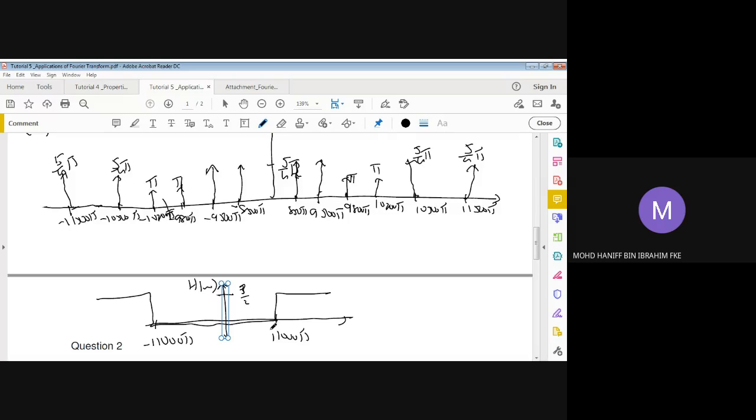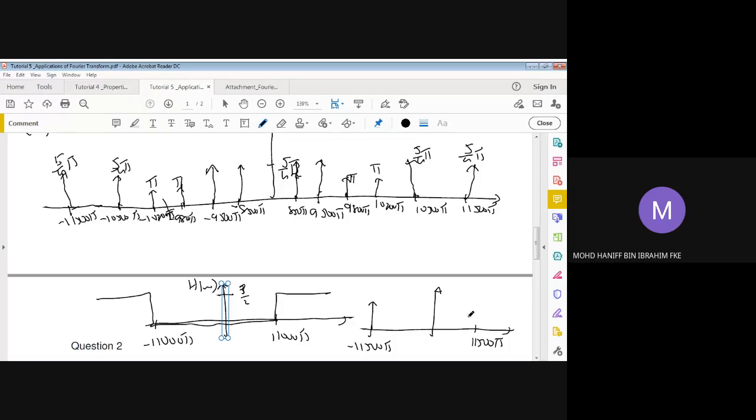So that is why your Y omega that you're going to get will be 2 impulses only, located at 11,500 pi and negative 11,500 pi.